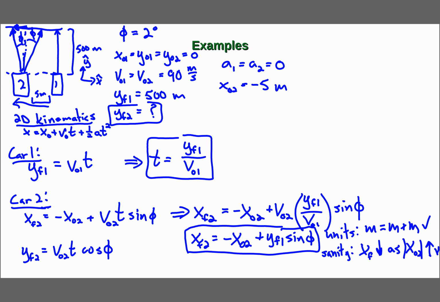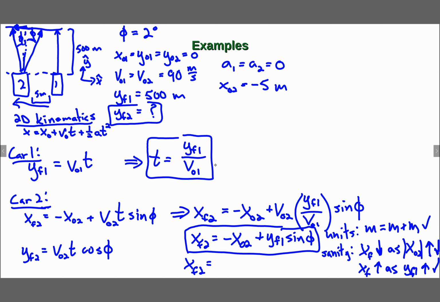That makes sense, okay? And then x final goes up as y final of car 1 goes up. So as the finish line gets further away, he's even further and further to the right because he's off by this angle the whole way. That makes sense too.